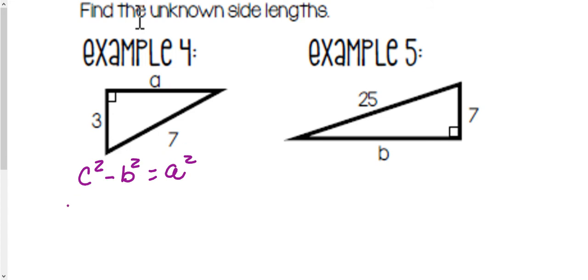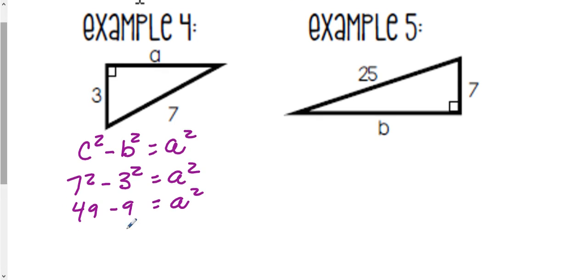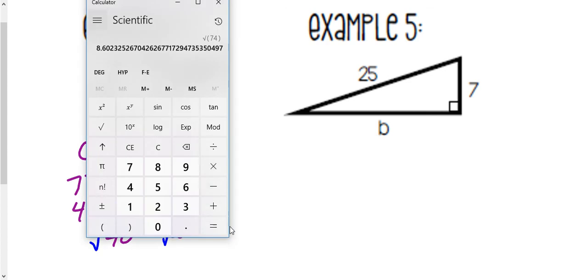So c squared is 7 squared minus 3 squared is equal to a squared. So 49 minus 9 is equal to a squared. So 40 is equal to a squared. So we don't want a squared, we want a, so we're going to take the square root, and let's see what happens.